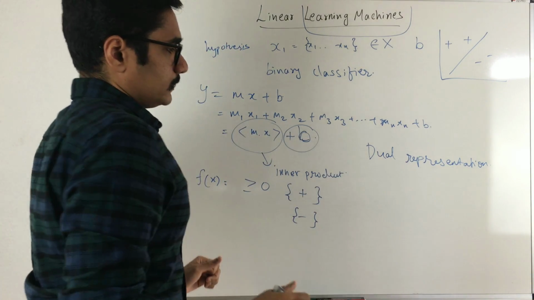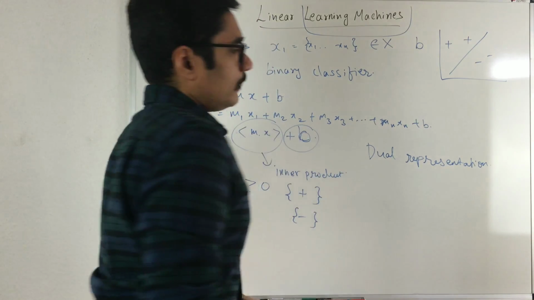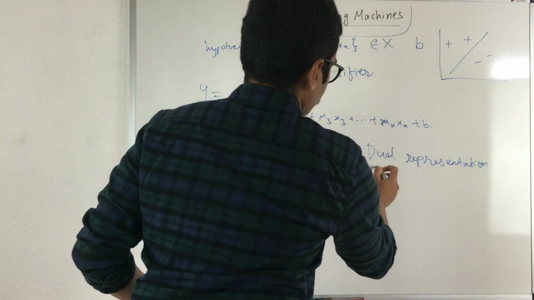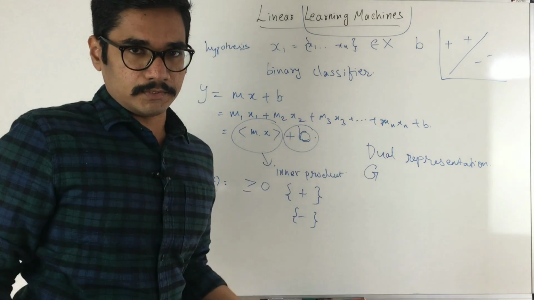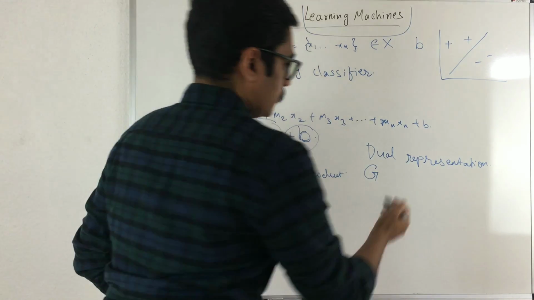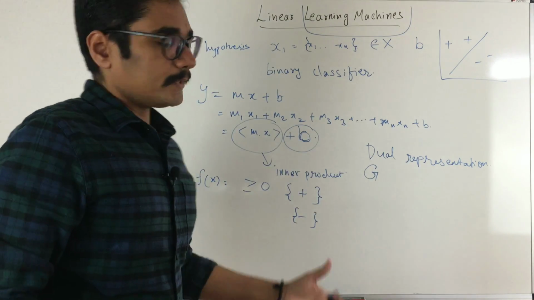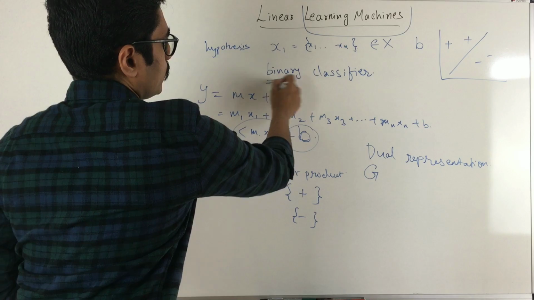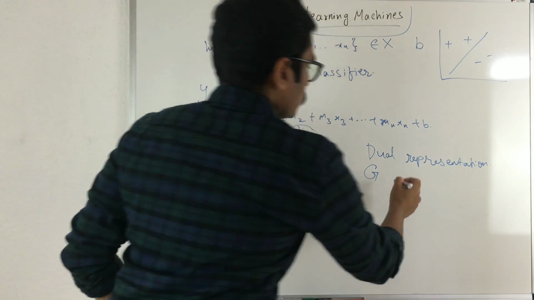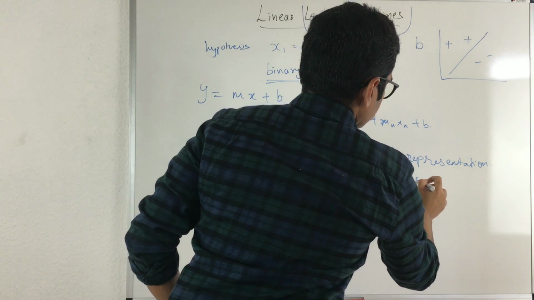Let me give you one example. Say you have some population, or some set of operations, a group of operations. Since we are learning on a binary classifier, this group of operations will take a set of binary operations.